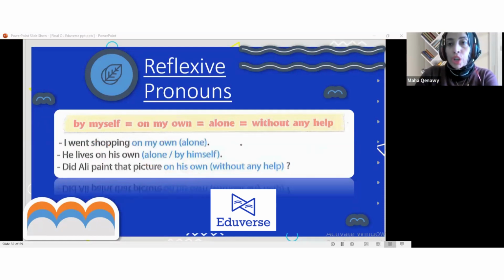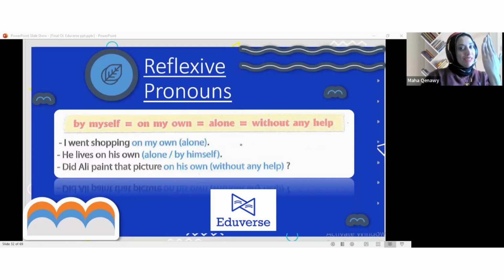Another rule of grammar, which is reflexive pronouns. Where does this word come from? It comes from reflect. Imagine, my friends, you're standing in front of the mirror. What are you going to see? You're going to see yourself.